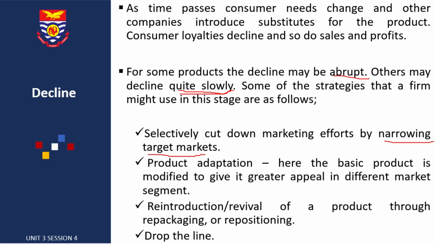During this stage, there is a need for product adaptation. Here, the basic product is modified to give it a greater appeal in different market segments. When you take Key Soap, for instance, Key Soap has been modified to give the product a greater appeal in different market segments.